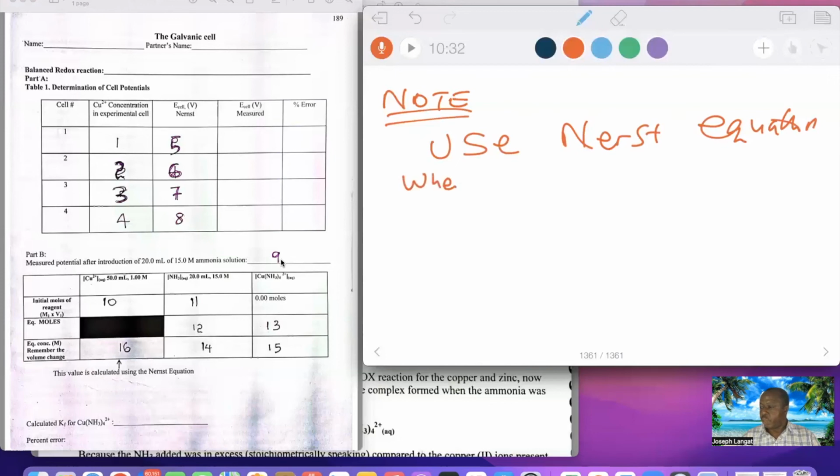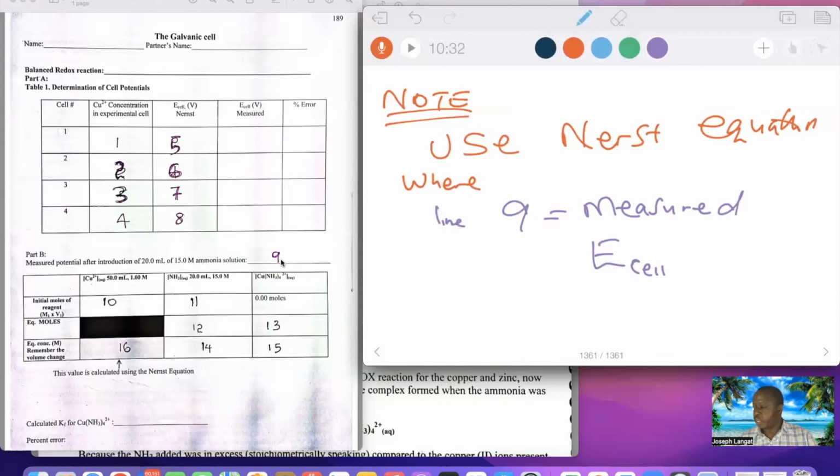Where line 9 is measured, E cell, not standard, but the cell potential.